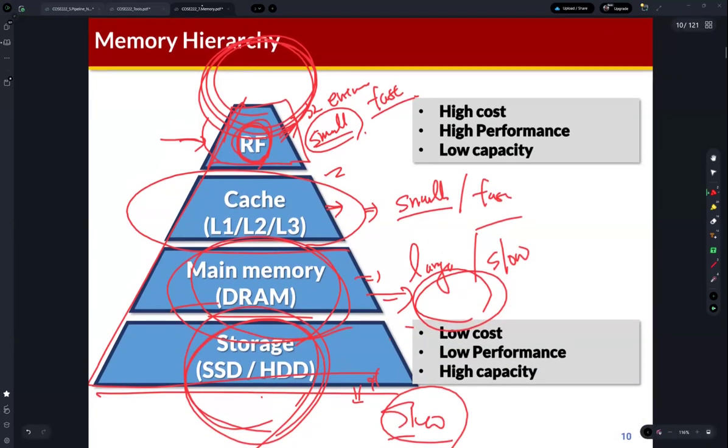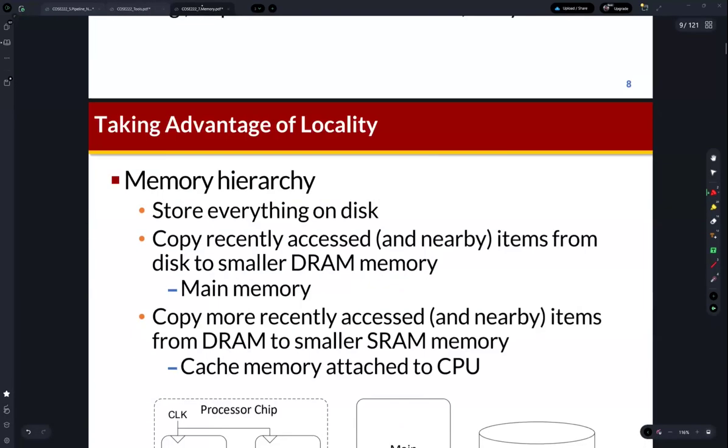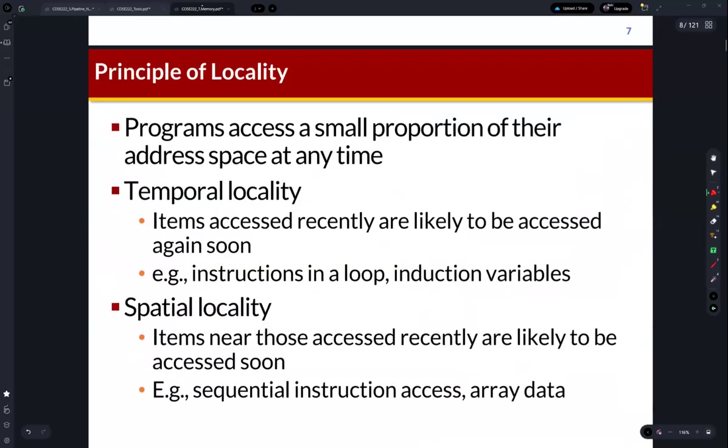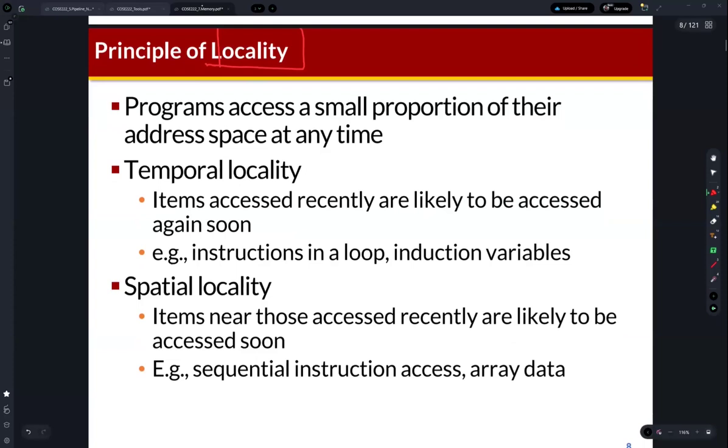So we can organize the memory system like this. And why? We can observe the locality of data. So you need to understand the locality of data.